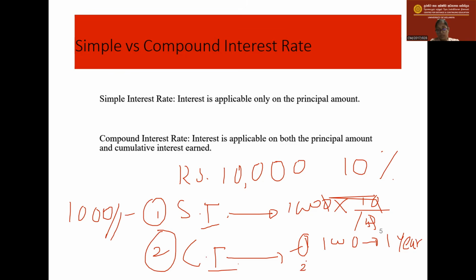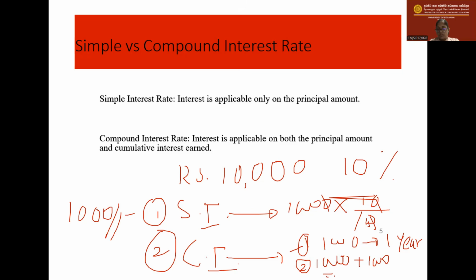When it comes to the second year, we know that compound interest means interest is applicable on the principal amount and the cumulative interest earned as well. Therefore, you can see the previous year's interest is 1,000. The principal amount is 10,000, right? Plus this 1,000.